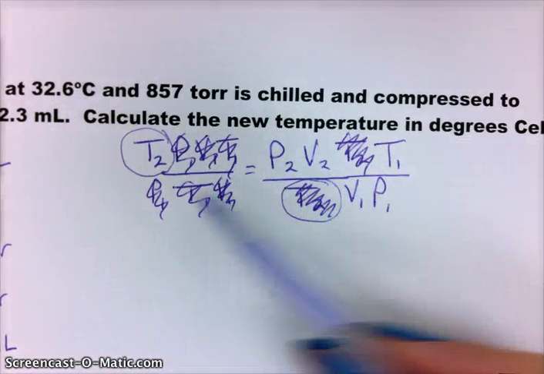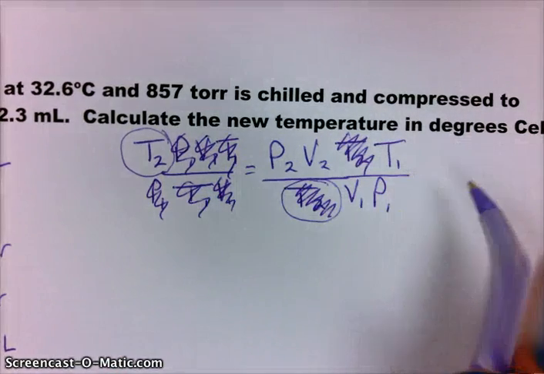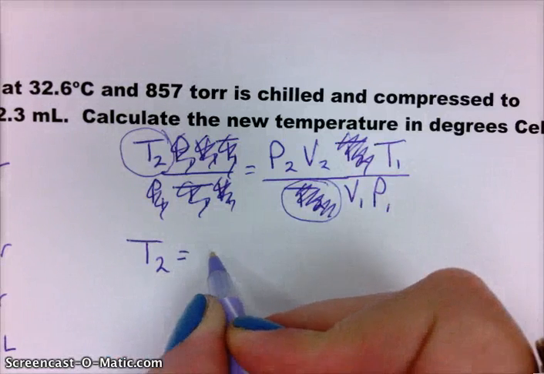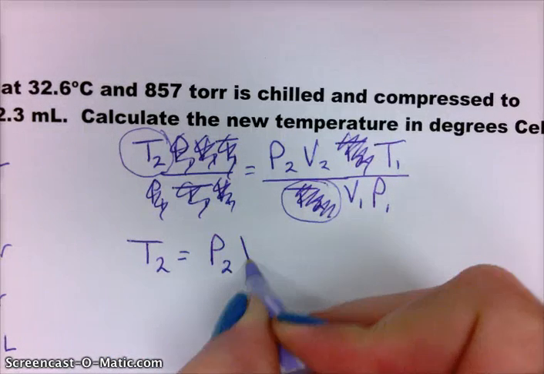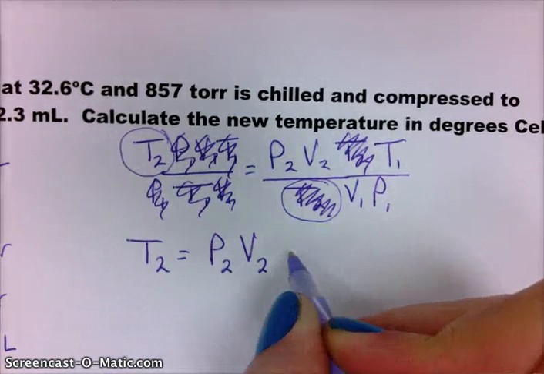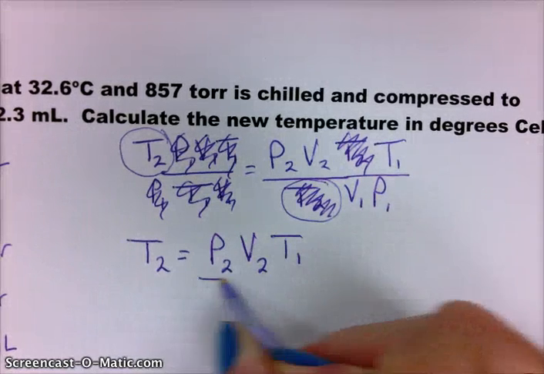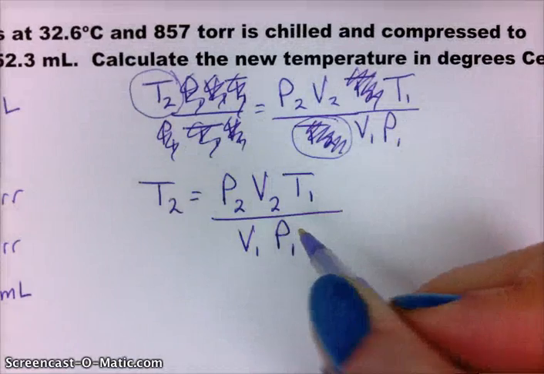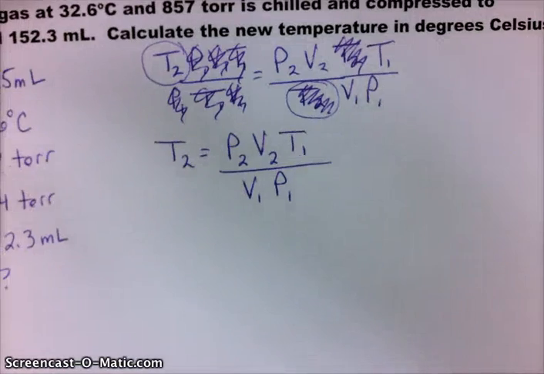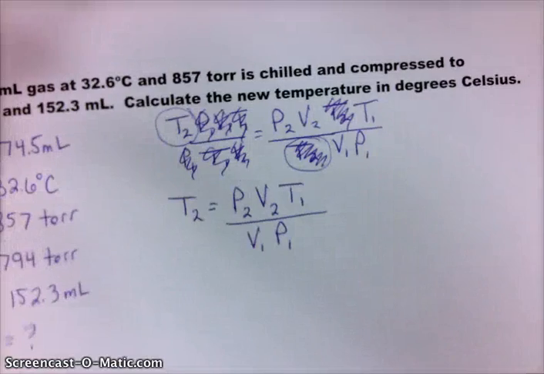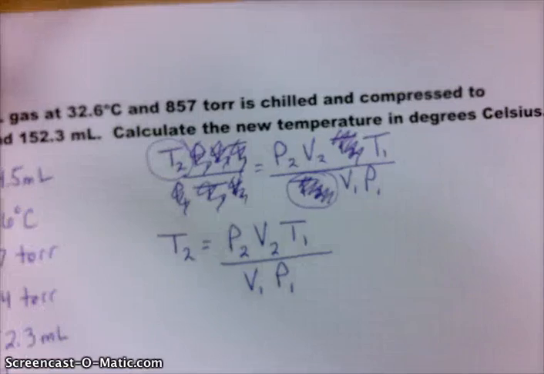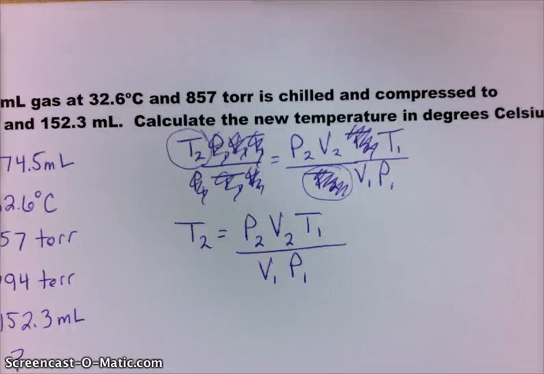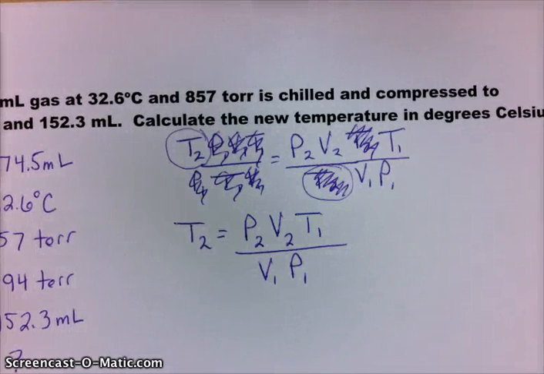That allows T1 to go to the other side. So let's rewrite this because it's a mess. We have T2 equals P2 V2 T1 over V1 and P1. So there is our formula. T2 equals P2 V2 T1 over V1 P1.